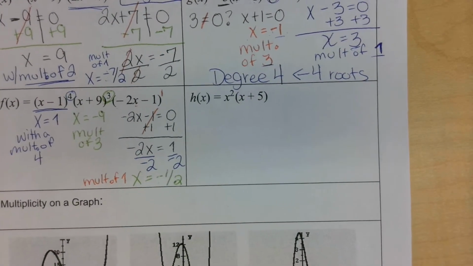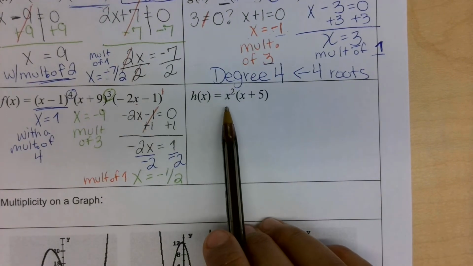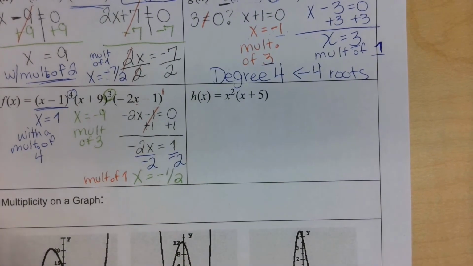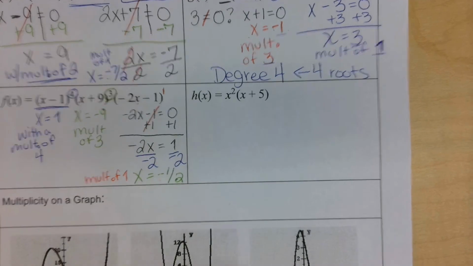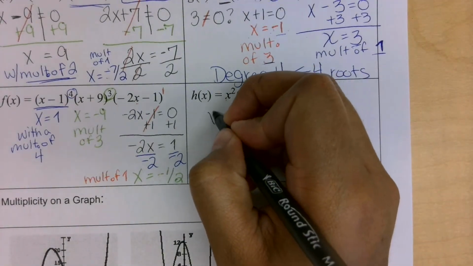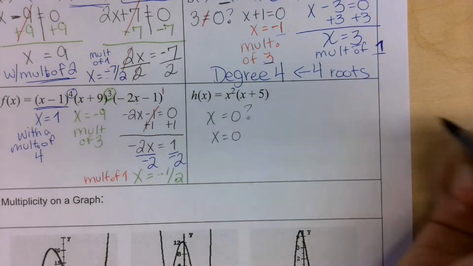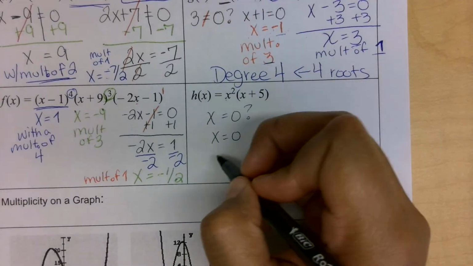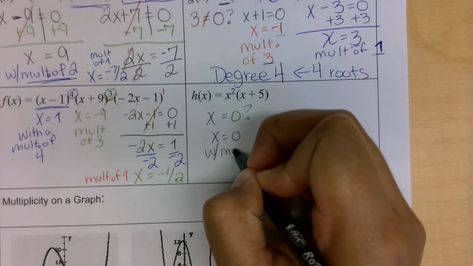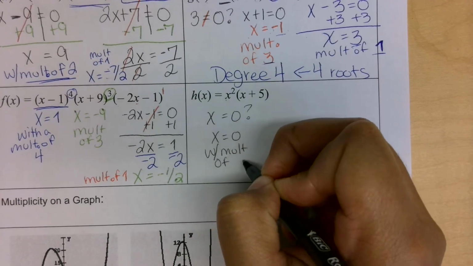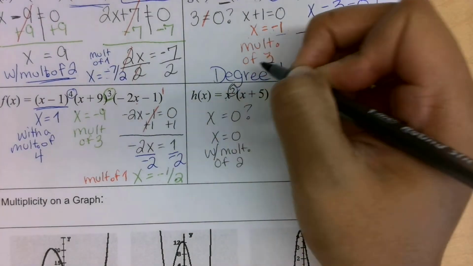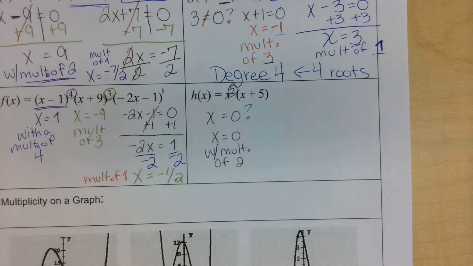All right, let's do the next one. Ooh, h of x is a little trickier, and I meant to do that on purpose to kind of get your brains thinking. What makes x equal 0? Well, if x is 0, so what's our 0 in this one? X is 0 with a multiplicity of 2, because there's a 2 on the exponent. So that one was not as tricky as it looked.